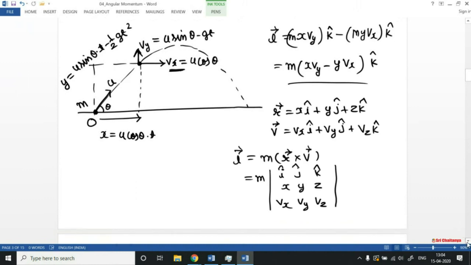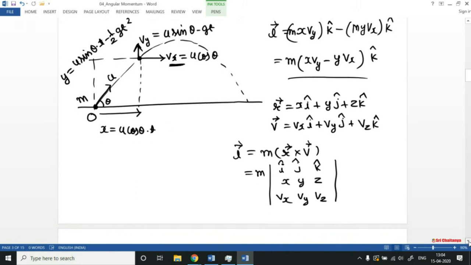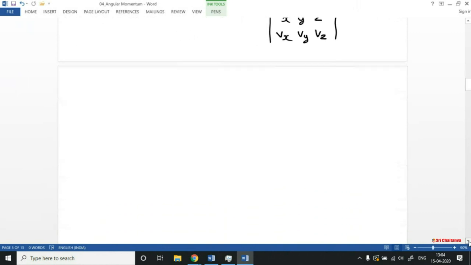So in these cases we tried to find the angular momentum of a single particle. Now let's try to find the angular momentum of a multiple particle system.